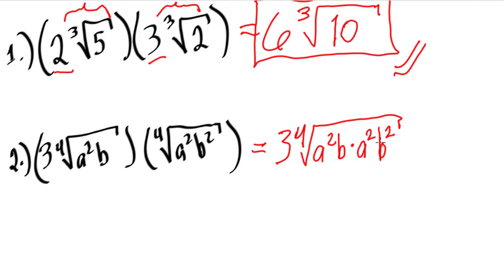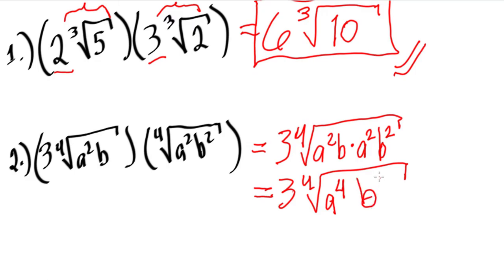With that, let's simplify what is inside the radical symbol, which is the radicand. So we have 3 times the 4th root of a squared times a squared, which gives us a to the 4th. And then b times b squared gives us b cubed.